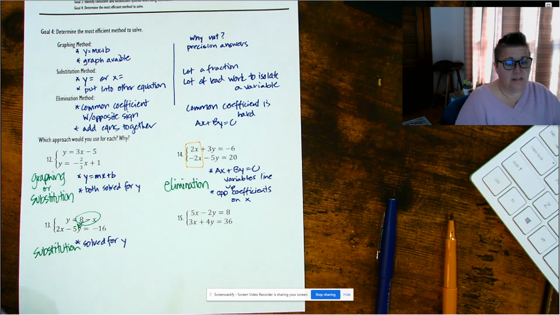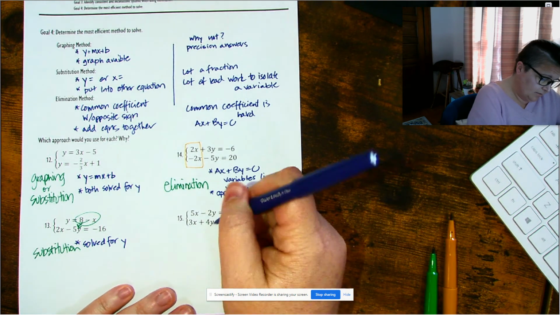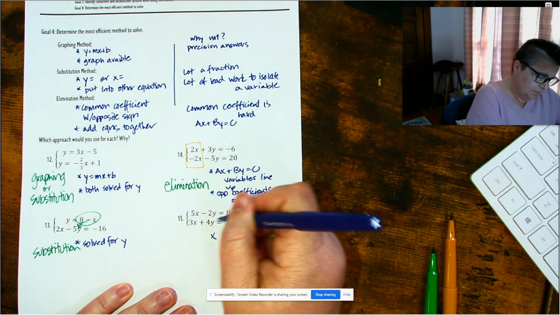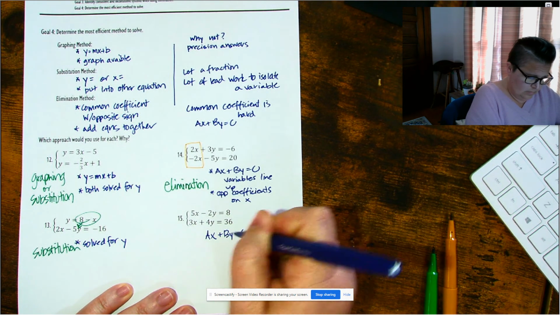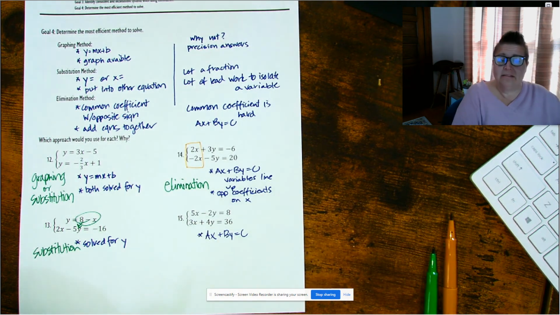Now, what about 15? Well, 15 is already set up in ax plus by equals c. So that's a pro for elimination.